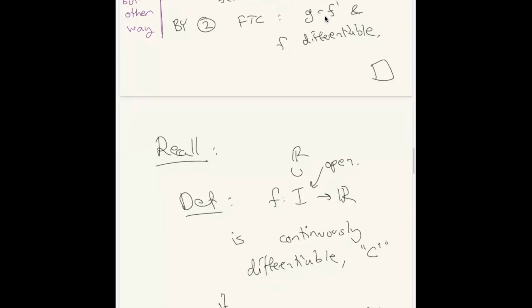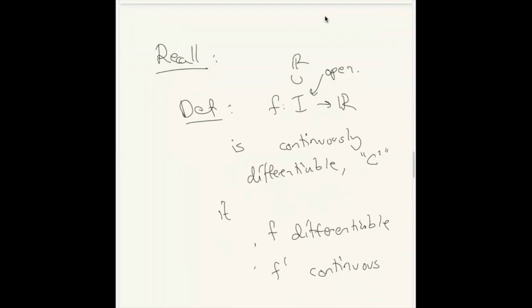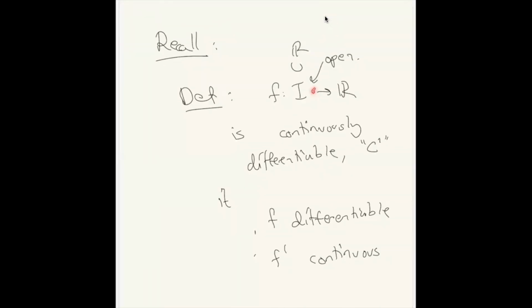Okay, now just a small thing, because we'll be talking a lot about this in the rest of the class, so I want to define this. You've probably seen this. If you have a function, usually defined on an open interval, it is continuously differentiable, sometimes called C1, if f is differentiable and its derivative is continuous.